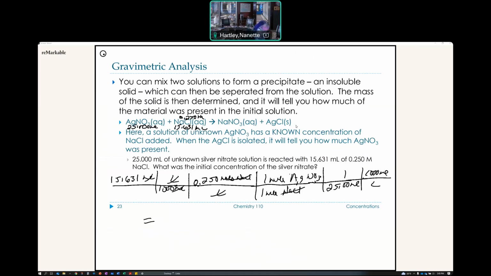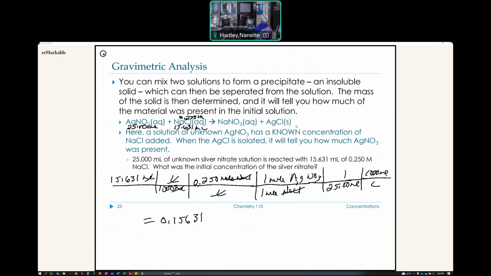Okay, so 15.631 divided by 1,000 times 0.250, divide by 25 and multiply by 1,000. And that gives me 0.1561.